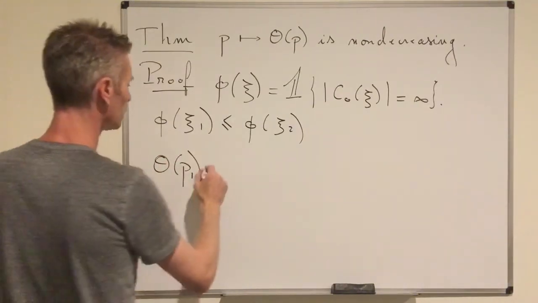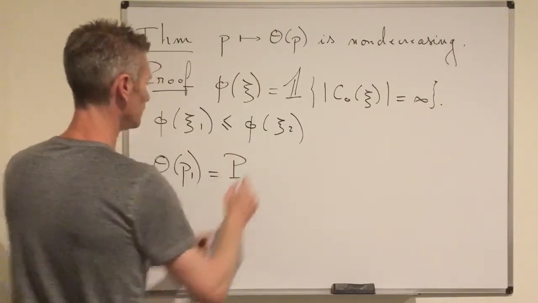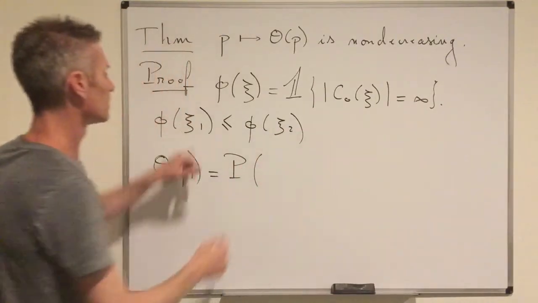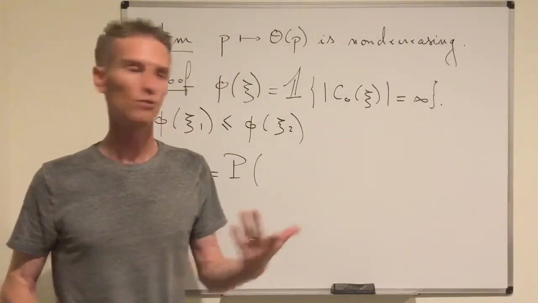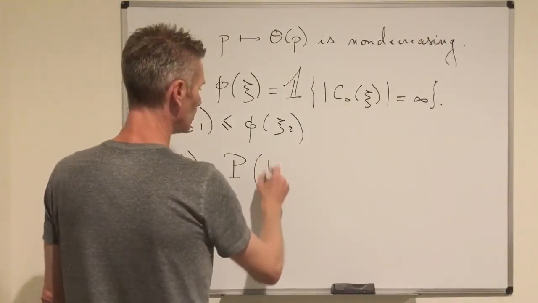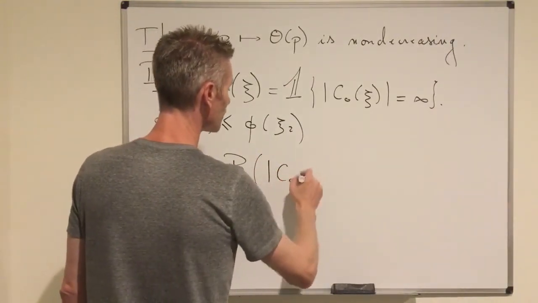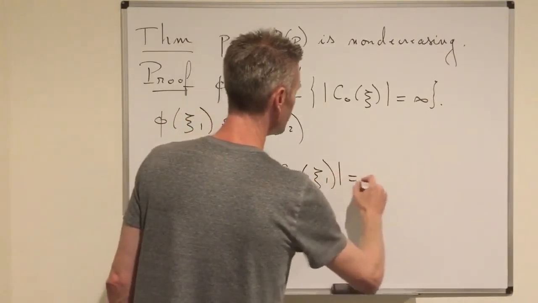The definition is exactly the probability that because C1 is indeed a realization of bond percolation with parameter P1, that's going to be exactly the probability that the cluster starting at 0 for the process C1 is infinite.